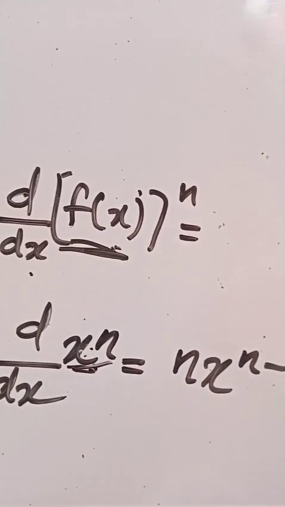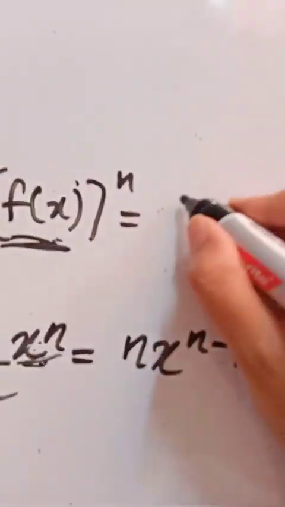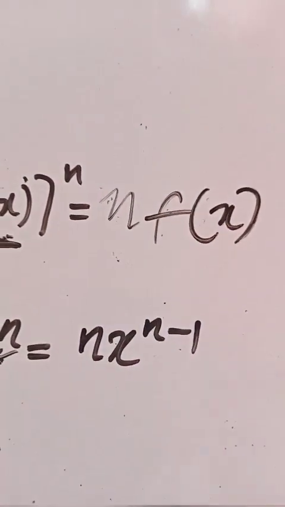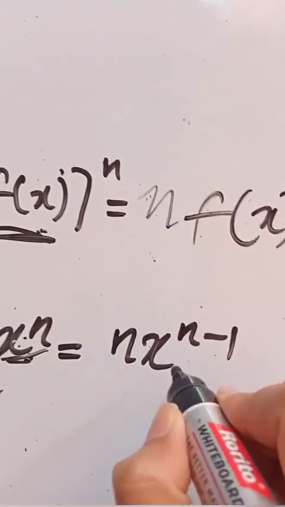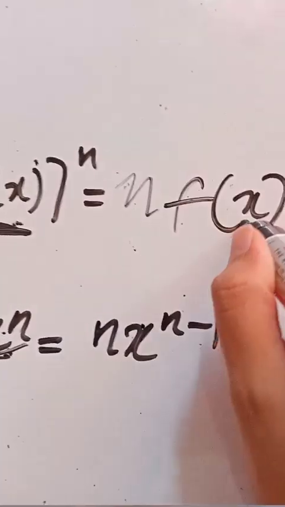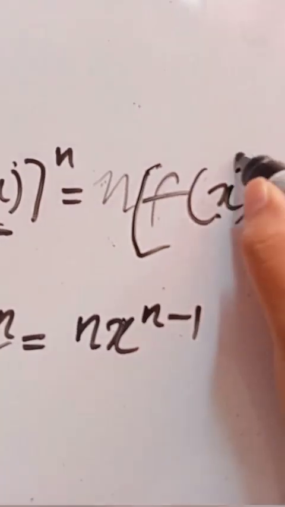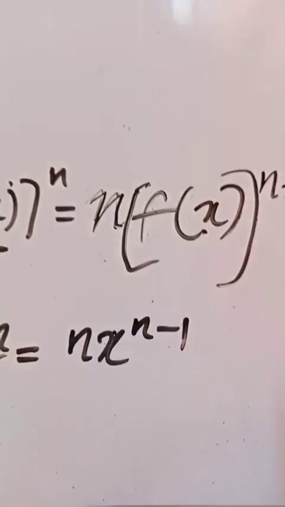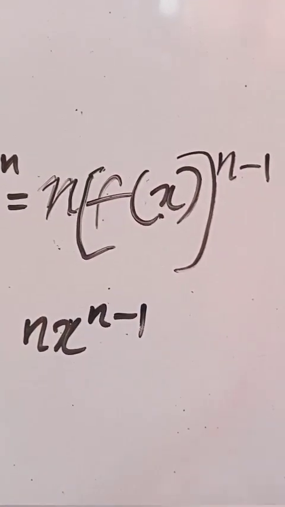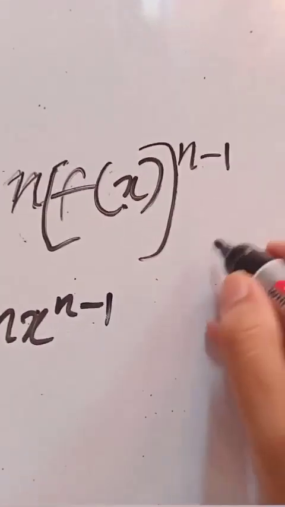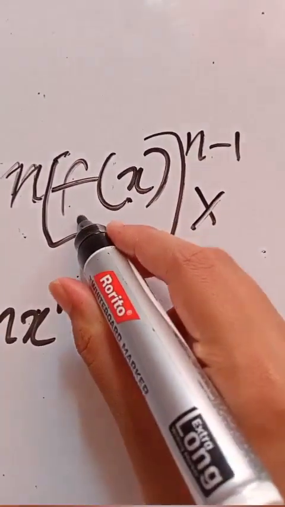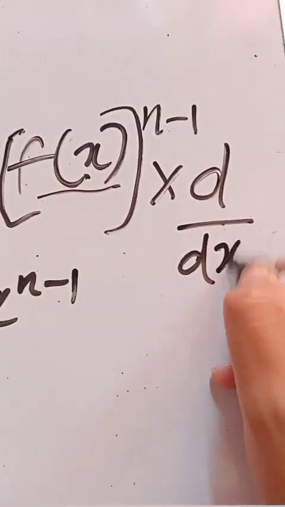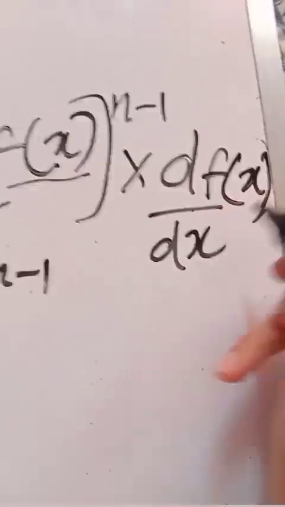So d by dx of f of x the whole raised to n will be equal to n, f of x, instead of x, here f of x is used, the whole raised to n minus 1, into the differentiation of this f of x also has to be done, d by dx of f of x.